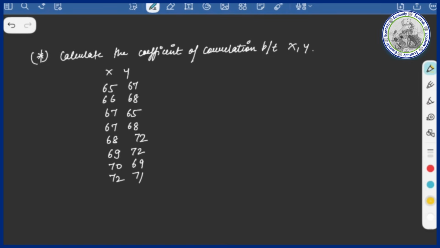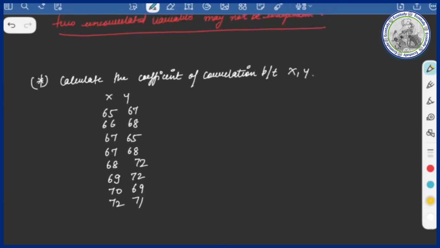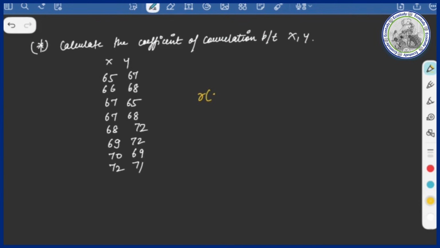So what is the formula for the correlation? Let me write it here: r xy is equal to covariance of xy divided by the square root of variance of x times variance of y.